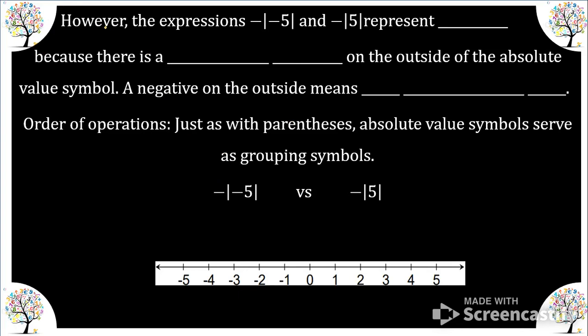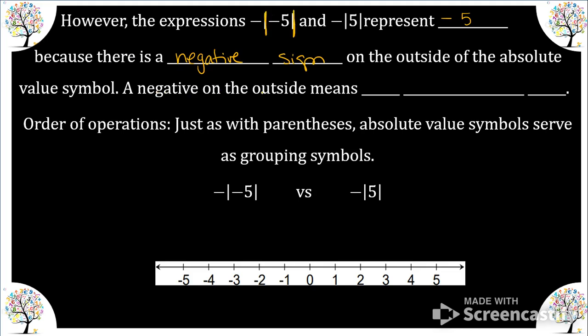Now, let's take a look at this. The negative of the absolute value of -5 and the negative of the absolute value of +5 represent -5. So you're like, wait a minute, what's going on? It's because there is a negative sign on the outside of the absolute value symbols.